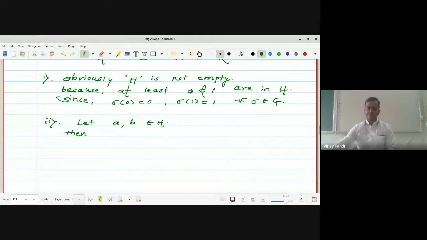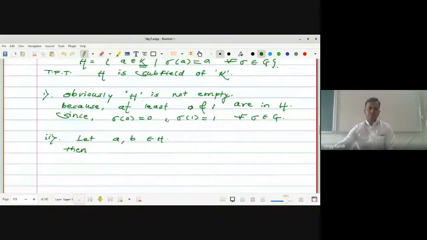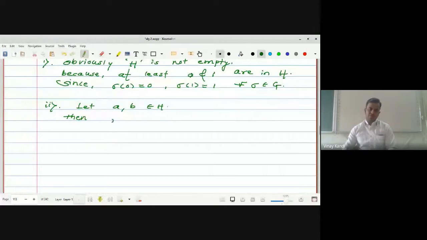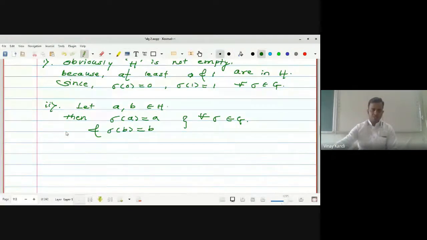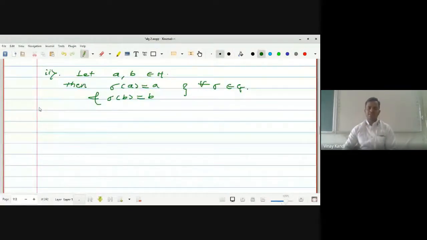Sigma of A is equal to A and sigma of B is equal to B for all sigma belongs to G. Okay, in G you have functions, in H you have elements, understand that. Sigma of A is equal to A and sigma of B is equal to B by the definition of H. Okay, now for any sigma belongs to G, we have this true for every sigma.